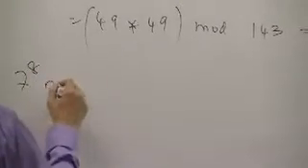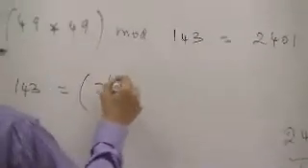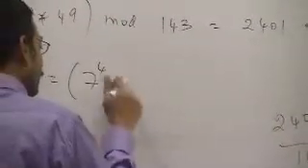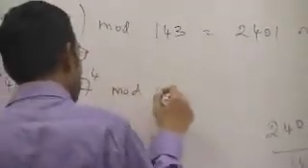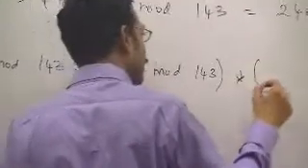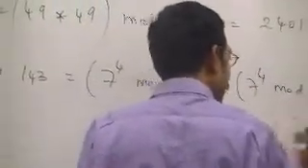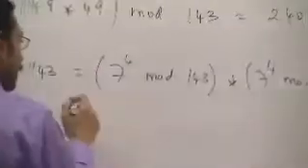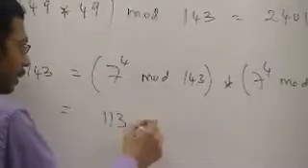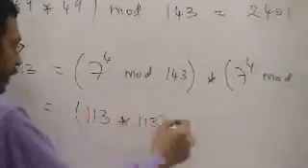So now, what is it that we're going to find? 7 raised to 8 mod 143. So that is 7 to the power 4 mod 143 times 7 to the power 4 mod 143. Now we know that 7 raised to 4 mod 143 is 113. I'm skipping the small intermediate steps.